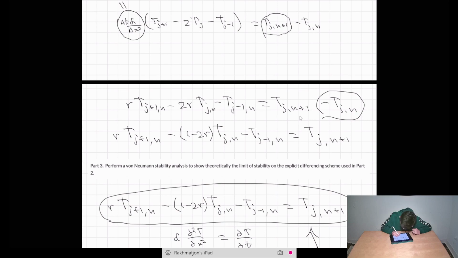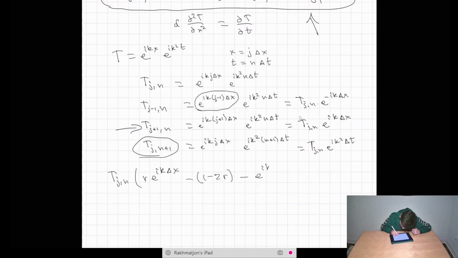So that's going to be r times e to the i k delta x with a negative sign. This is equal to T j at n plus 1.